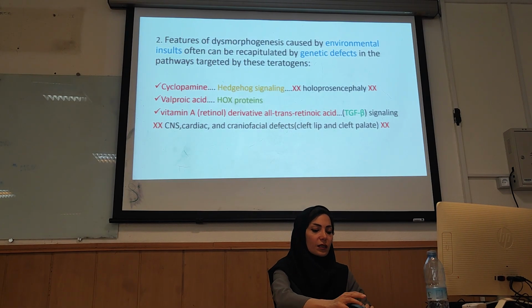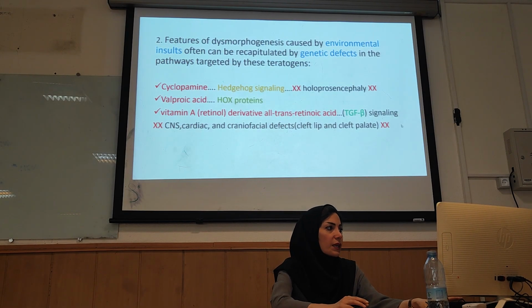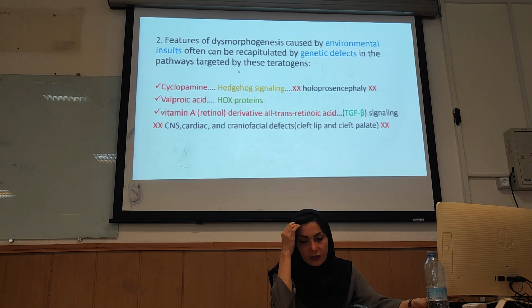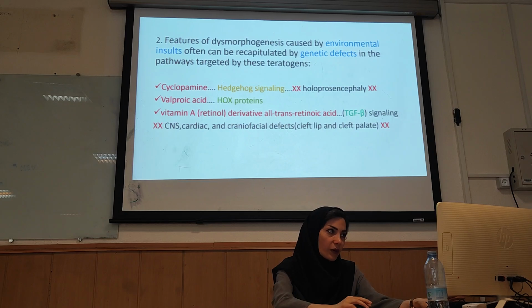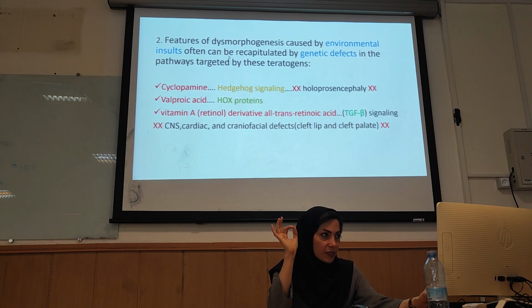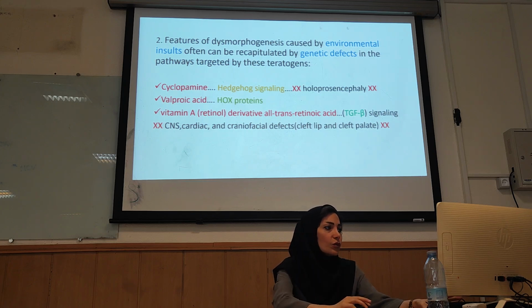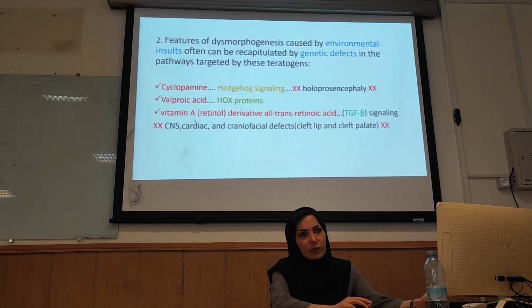And the second point that is important is that some environmental insults often can select a genetic pathway to lead to teratogenicity. For example, some drugs, such as Roacutan.